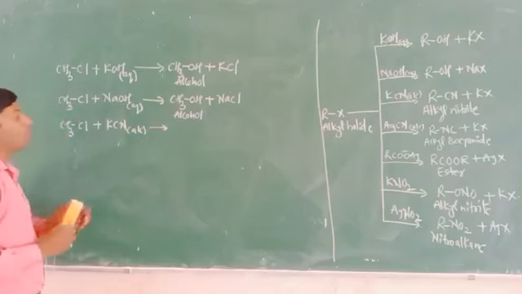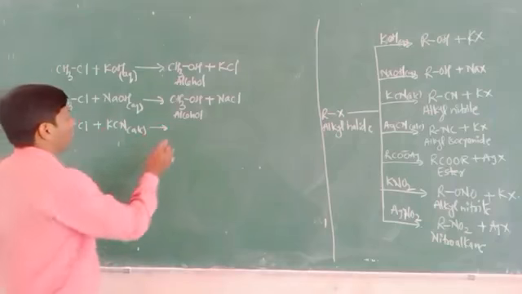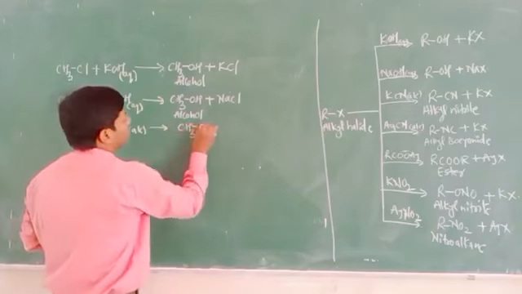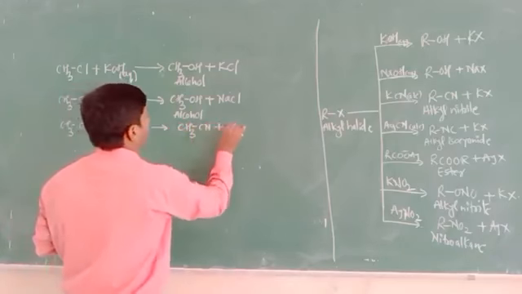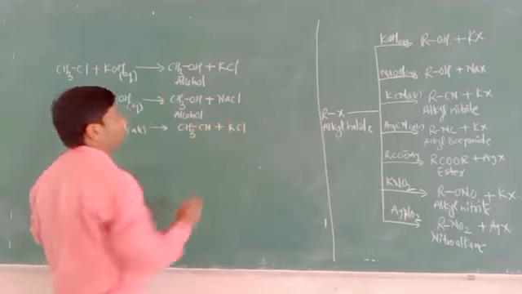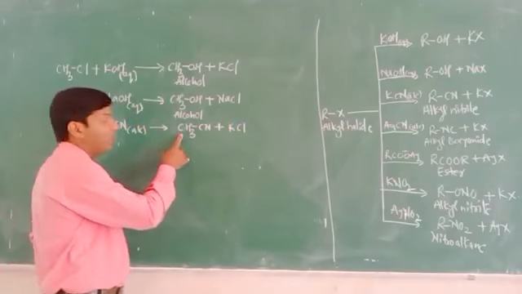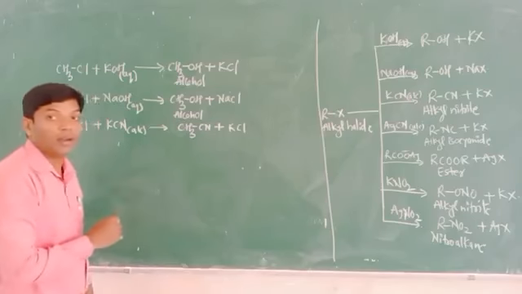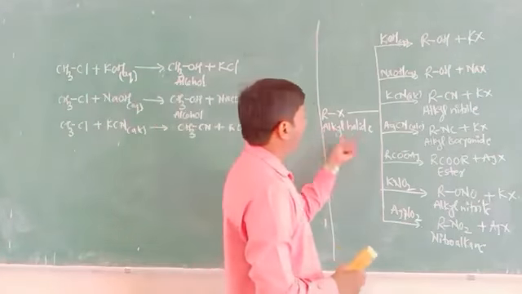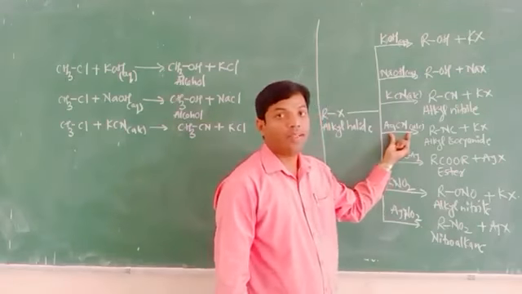It means the potassium cyanide is prepared in alcohol. So it gives R, the CH3 group, as CH3CN plus KX. X is the halogen Cl, so it gives KCl. This is called ethane nitrile.